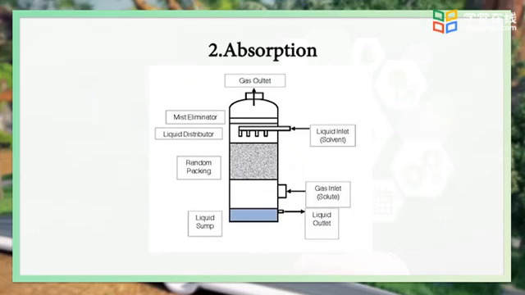Another method usually used is absorption. In this method, the polluted air containing gaseous pollutants is passed through a scrubber containing a suitable liquid absorbent. The liquid absorbs the harmful gaseous pollutants present in the air.